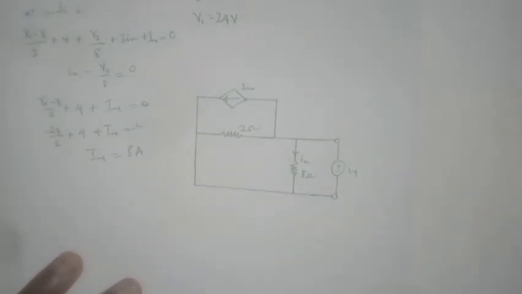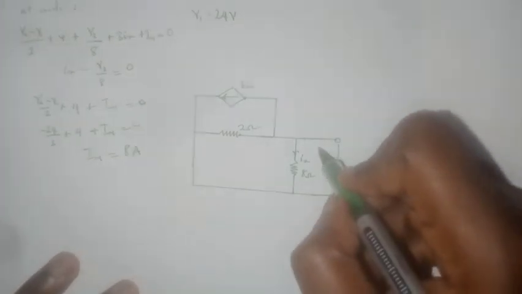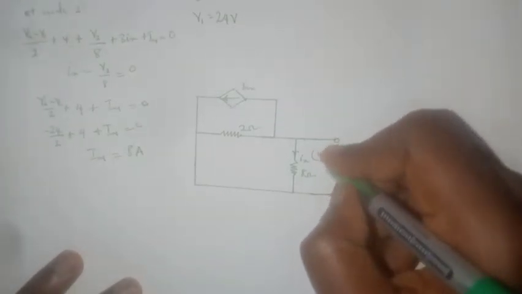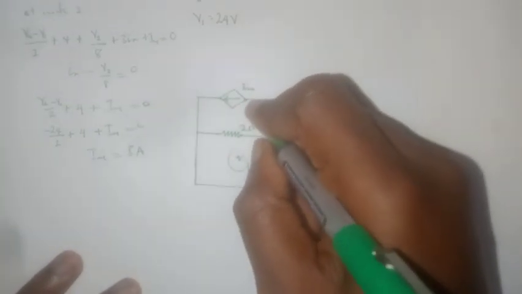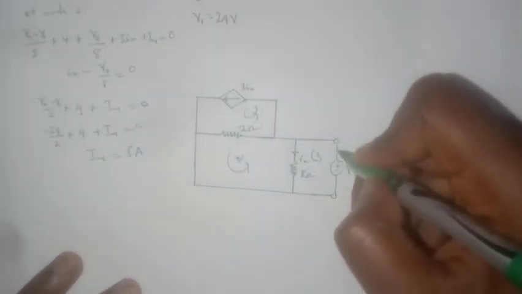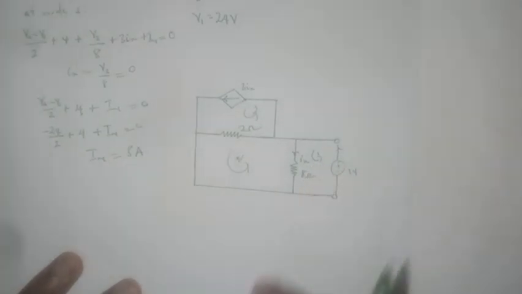Then we can use mesh analysis to calculate the current. If we call this mesh 1, this one mesh 2, and this one mesh 3, we are just finding the current of mesh 1.